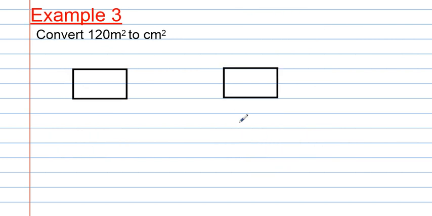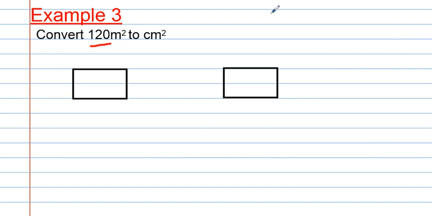Here we go. So we need to convert 120 meters squared to centimeters squared. And we know that 1 meter is 100 centimeters. So let's do the conversion. There are several ways of doing this as well. Don't forget, I said earlier that you need two numbers that multiply to give you 120.